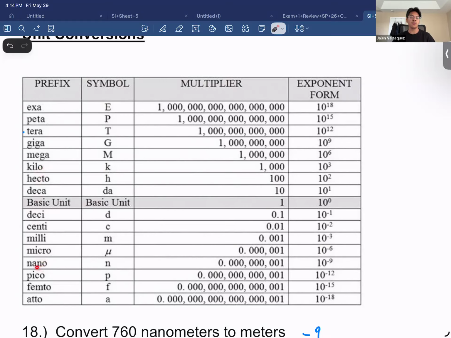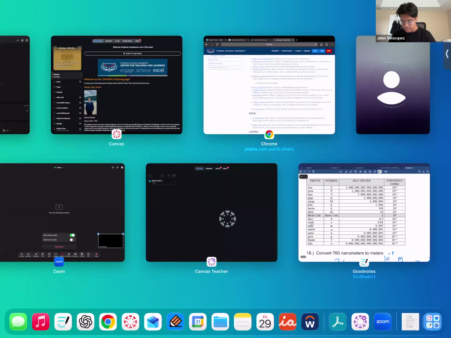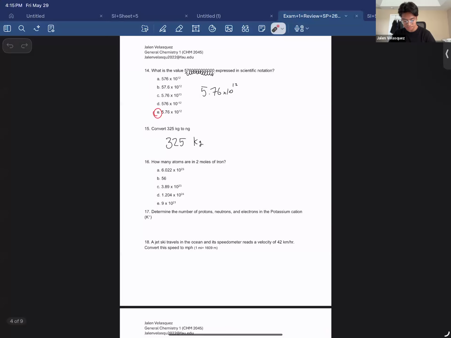You can, but you have to be really good with your exponents and moving your decimal point, and you're much more prone to making a mistake. So I always do it by going from the starting unit, kilo, back down to the base unit, gram, and then from there to the final desired unit, nano. That's what we're going to do here.